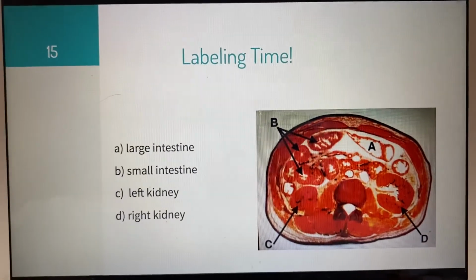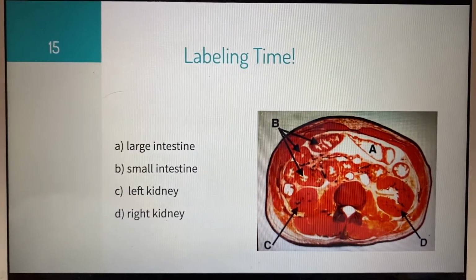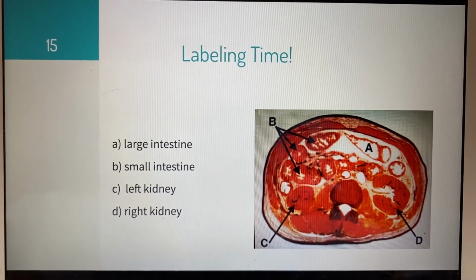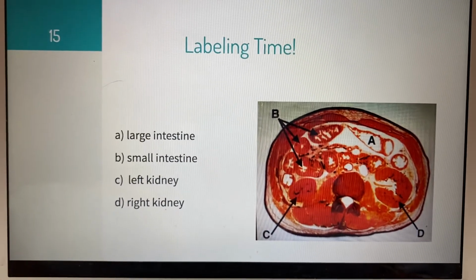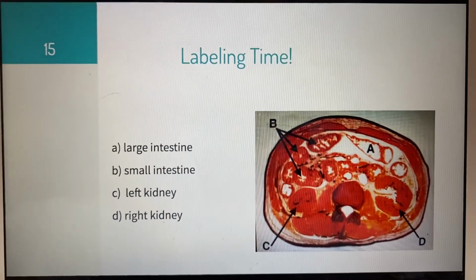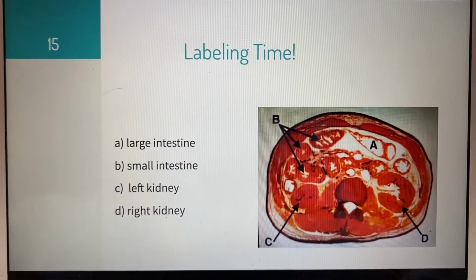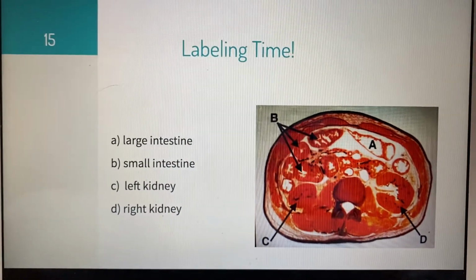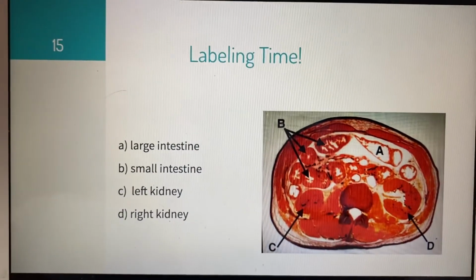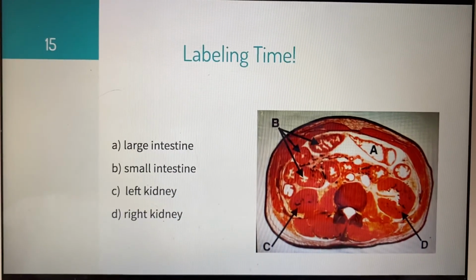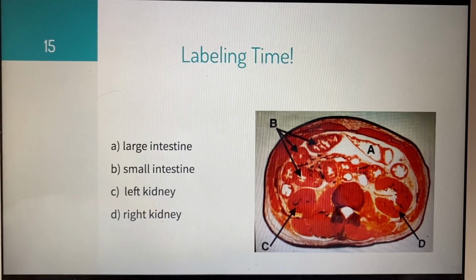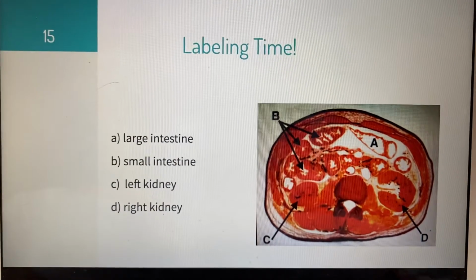So now to label that image, we have the large intestine, and then small intestines, left kidney and right kidney. And as I was saying earlier, you can kind of see here how they're both kidneys, but obviously they look different, and that is due to their positioning. So D is higher up, so that means that C would be cut off more.